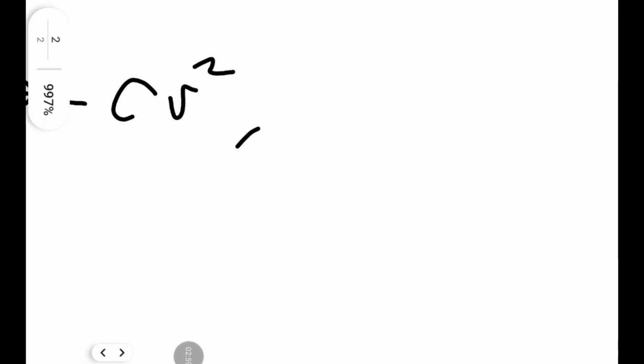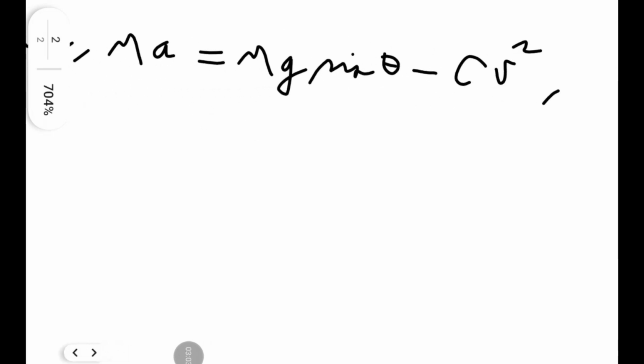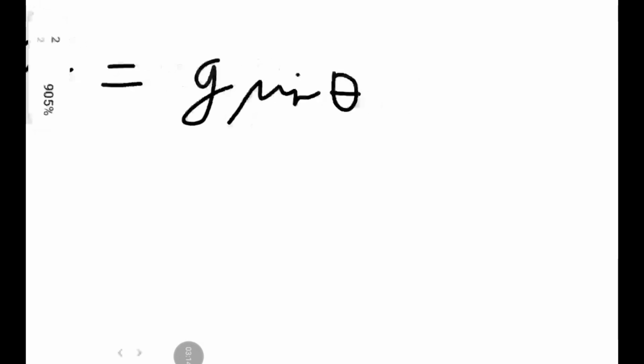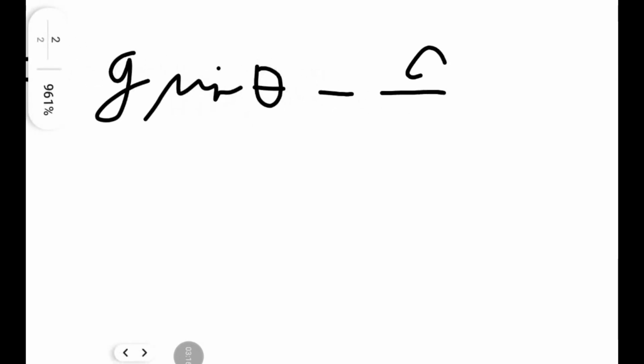Let's start by dividing everything by m. You can see the equation there. Dividing everything by m, you get it into this form: acceleration is equal to g sine of theta minus c over m times v squared.